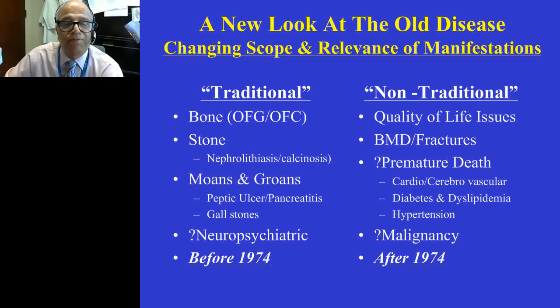The traditional manifestations have been replaced by quality of life issues, BMD and fractures, some issues about cardiovascular disease, diabetes and dyslipidemia, and the question of malignancy has been raised. So the traditional manifestations are still seen in parts of the world where vitamin D and calcium nutritional deficiencies are endemic.